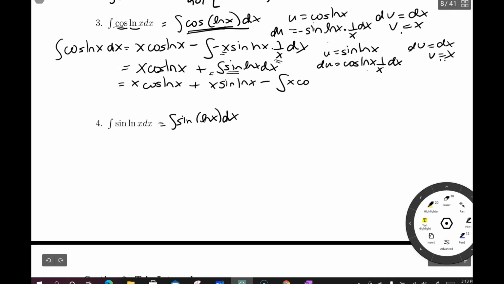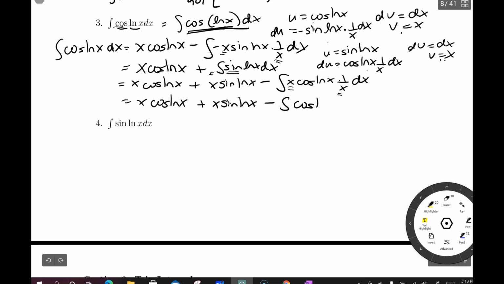So I get x cosine of ln of x times 1 over x dx. Okay, so these x's cancel. So I get minus cosine of ln of x dx.